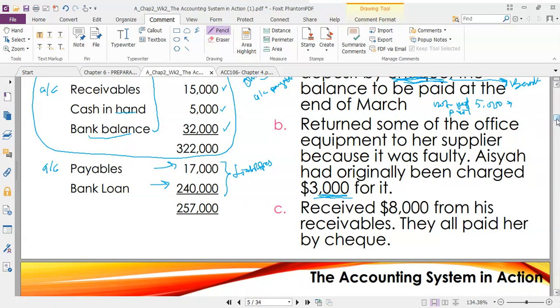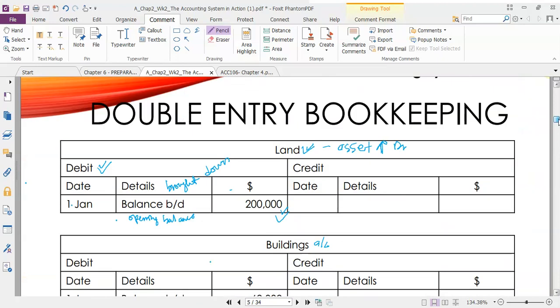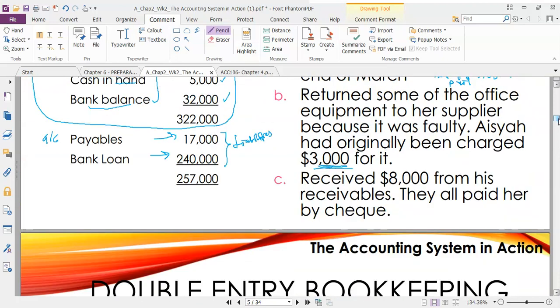Let's look at C. Transaction C: received 8,000 from his receivables. They all paid her by check.